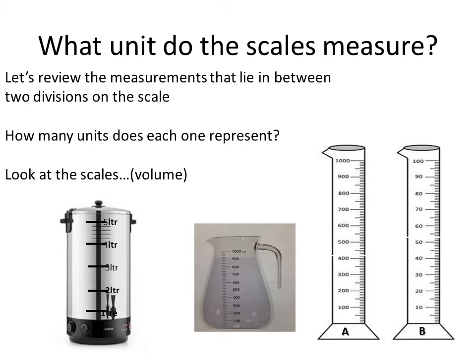One of them is in milliliters and the other one is in liters. So when I pour some contents into the one that measures in liters, I would not look at the measurement lines and say I have 5 milliliters of water in here, because what's the reason?